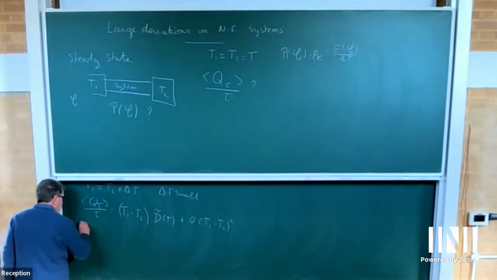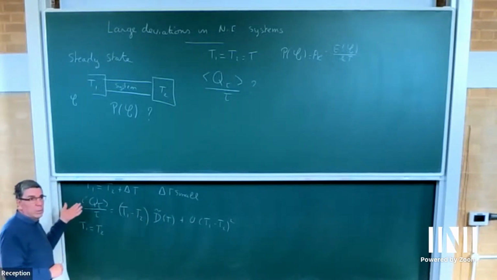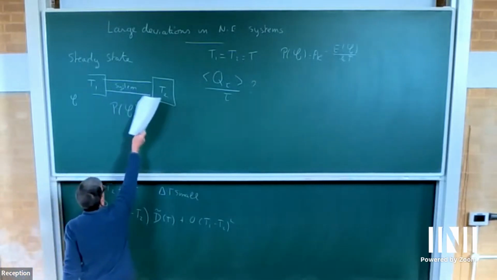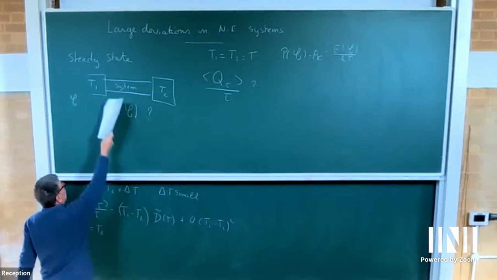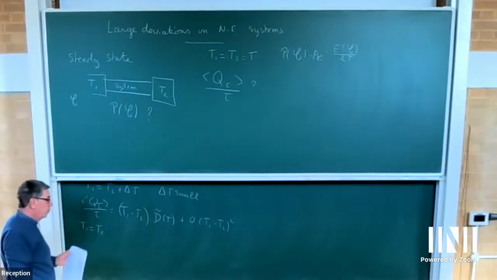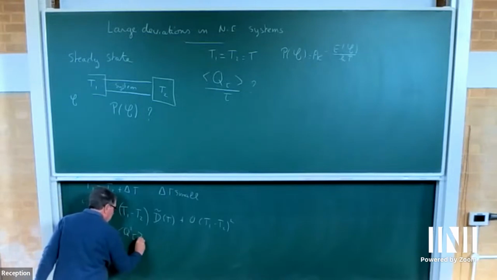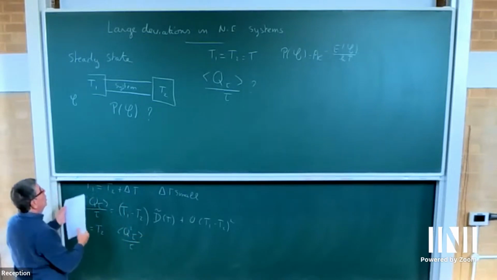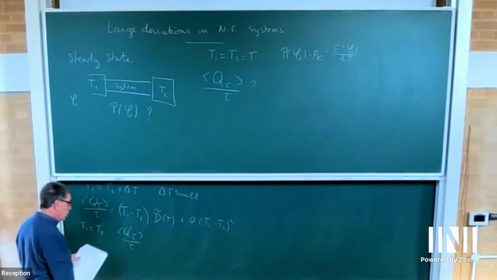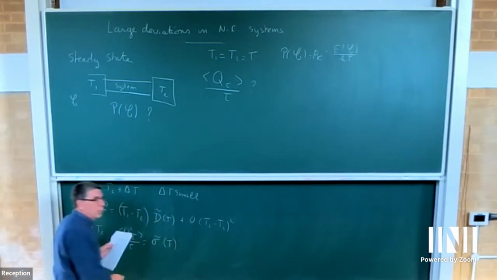Now, if T1 equals T2, then the average Q will be 0, but still, imagine that we have a gas here, so sometimes a particle hits the left boundary and exchanges kinetic energy with the left, and kinetic energy with the right. So Q will fluctuate. Some energy will go from the left to the right, and some will come back and forth, so you have fluctuations. Let's call this sigma tilde.